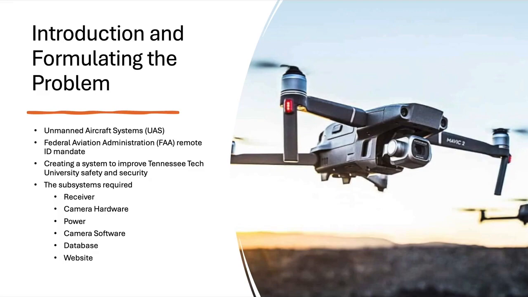So to do this, the systems we need are going to require our receiver subsystem, a camera hardware subsystem, and a camera software subsystem to take a picture of the drone and or control station as it's on the contiguous campus, power, a database subsystem, and a website subsystem.